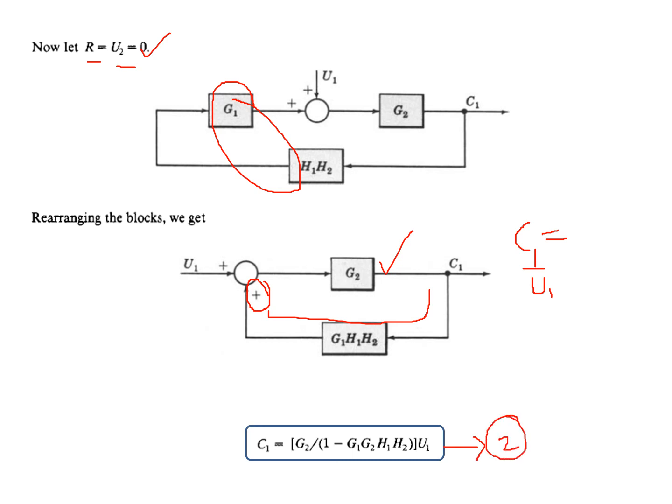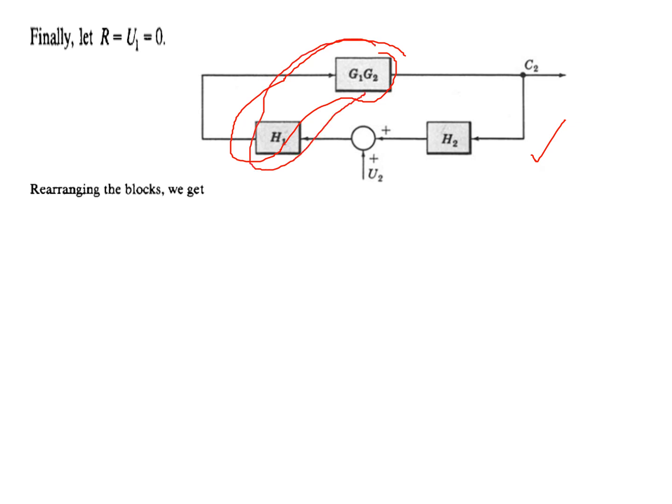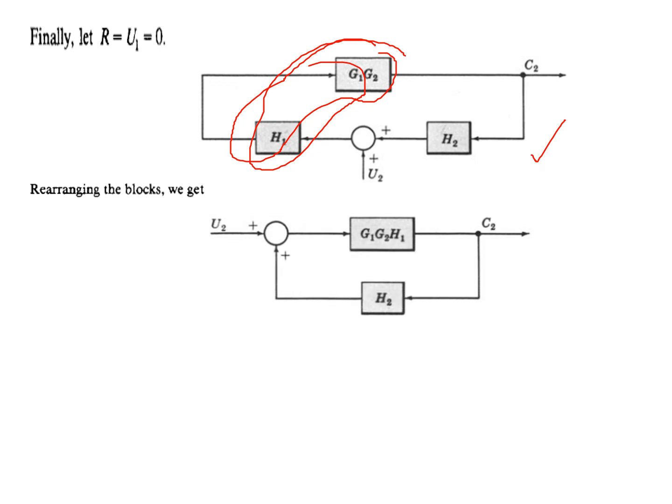Similarly, consider the third case. In the third case, we make R and the first input U1 0. Then the resultant block diagram is this one. Again, these two blocks are connected in series, so we can rearrange this block diagram, and we get this block diagram.